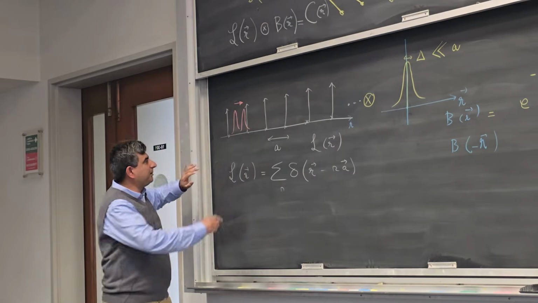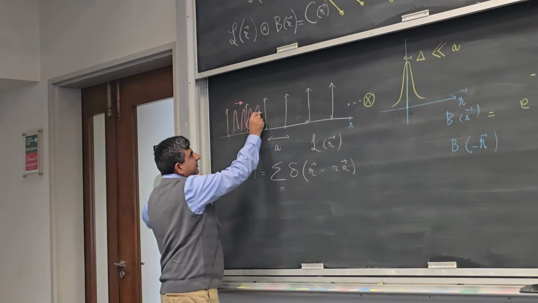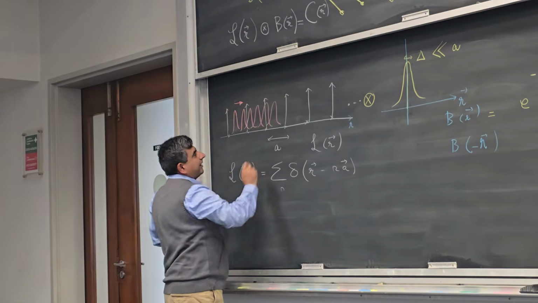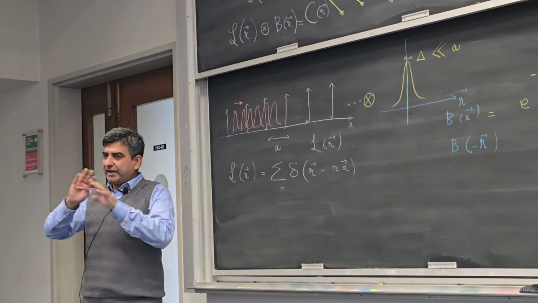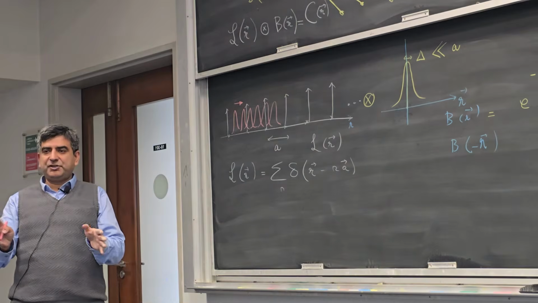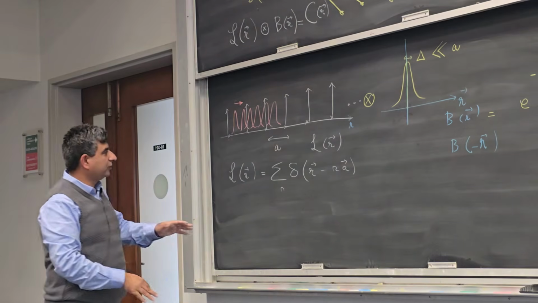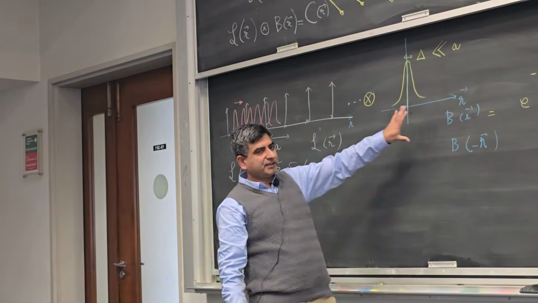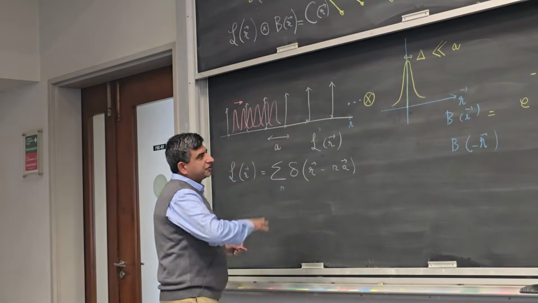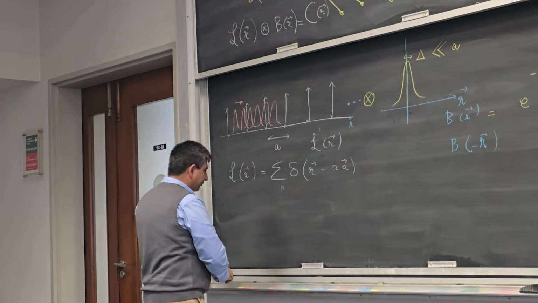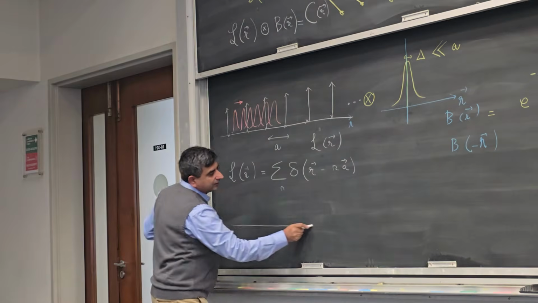So I keep on sweeping, I translate this function, and at the end what I will have achieved is a new function, which is called the convolution of this lattice function and the basis function. And the new function, the convolution of the two functions, looks like the following.